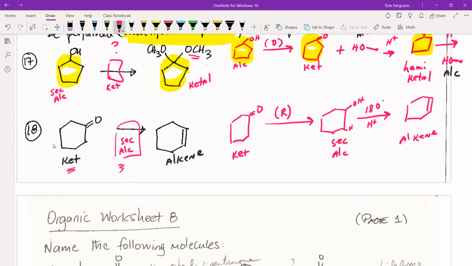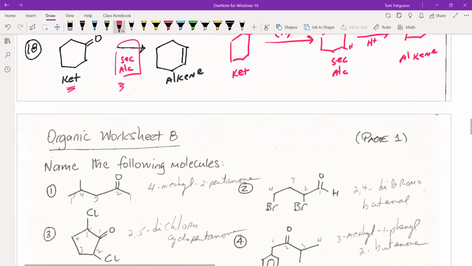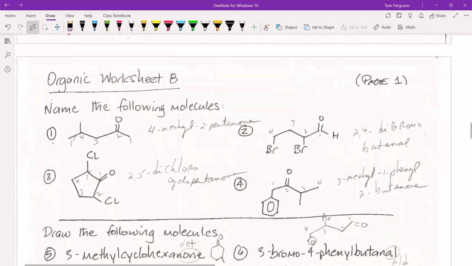So that would be the process to get that alkene from the ketone. Okay, and you just wrote out the answers here.